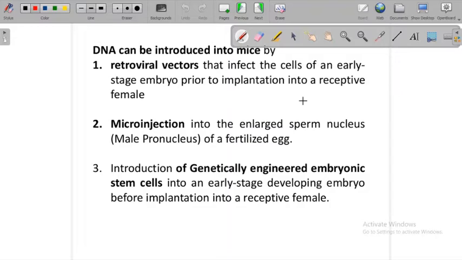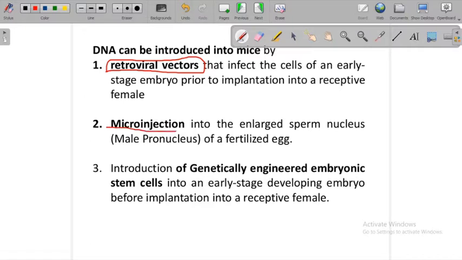Because of reverse transcription, they convert it into DNA and insert that DNA into the chromosome of the host cell. That's why retroviruses naturally have the capability to insert genetic material, and that's why we use retroviruses for our transgenesis.